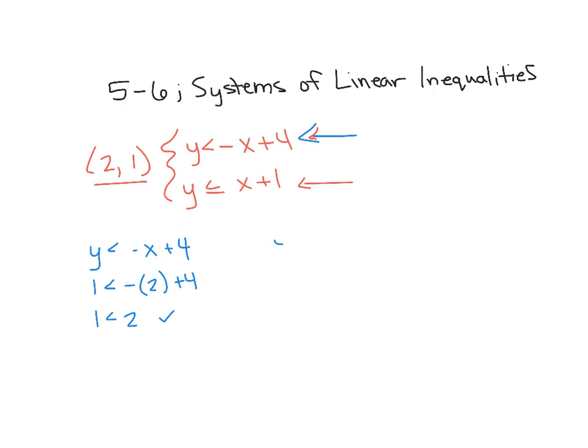And now we're going to use the second inequality, and in for y, we're going to put 1 is less than or equal to 2 plus 1, and we get 1 is less than or equal to 3, and that is also true. So (2, 1) is a solution.